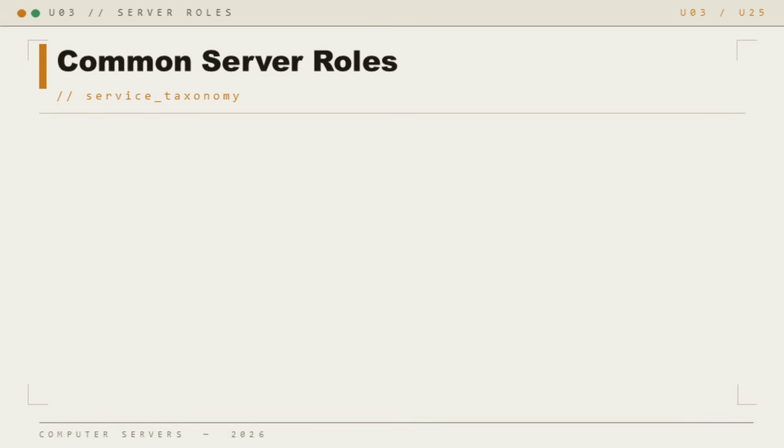A server can perform multiple roles simultaneously. In addition, these roles can be distributed across multiple servers as needed to meet performance, scalability, or redundancy requirements. The following are some of the common roles a server can fulfill.